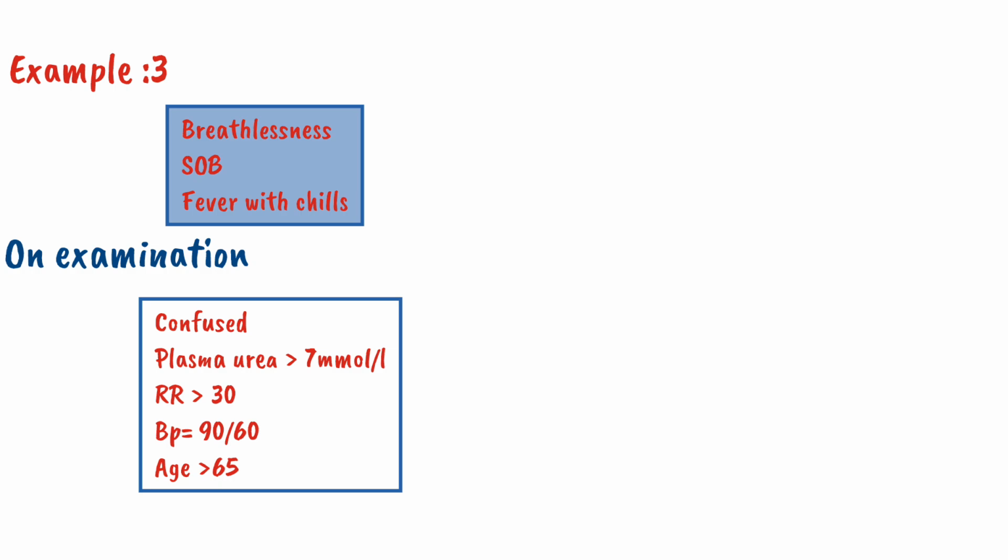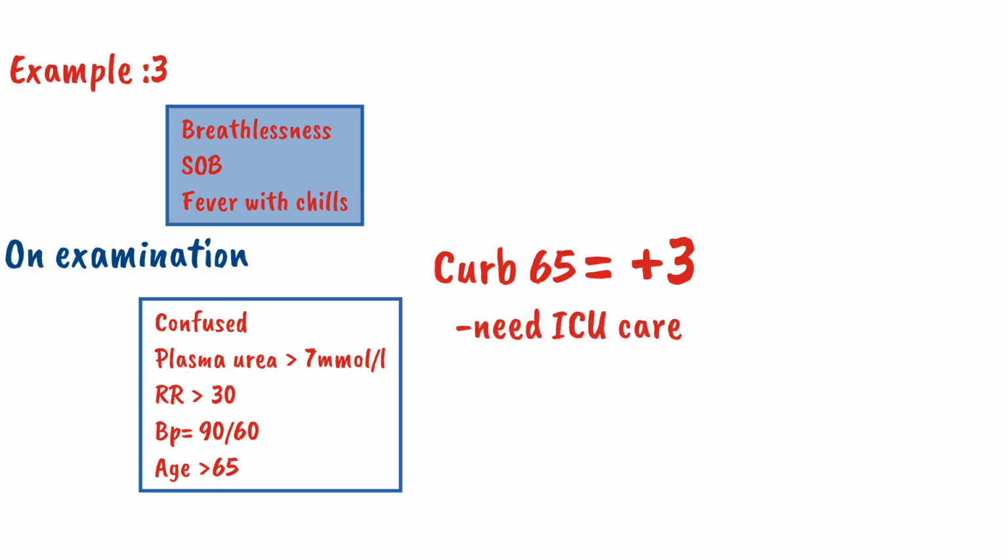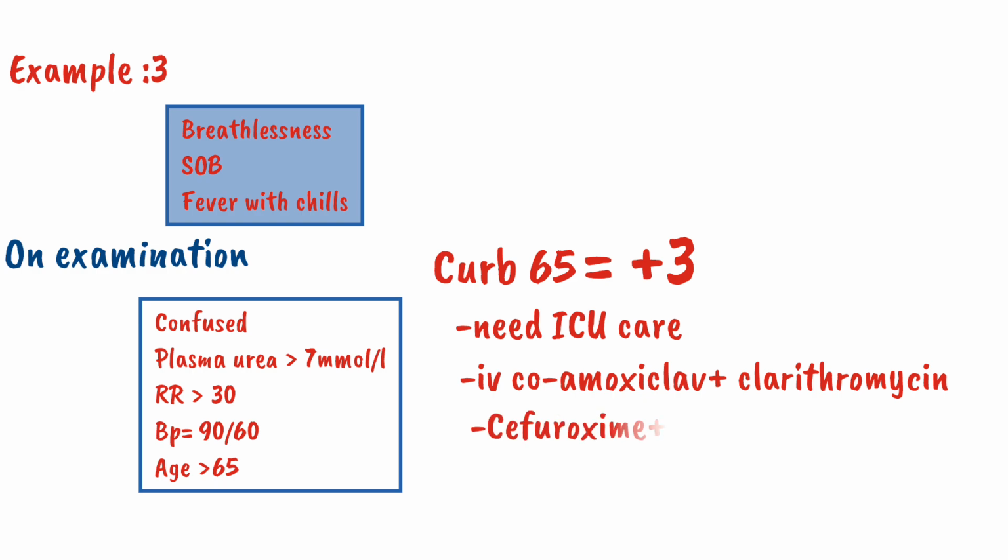In this scenario, the CURB-65 score is 3 or greater. According to this scenario, if the CURB-65 score is 3 or greater, the patient needs ICU care. So we will shift the patient to ICU and start an IV antibiotic such as IV co-amoxiclav plus clarithromycin, or cefuroxime plus clarithromycin, or cefotaxime plus clarithromycin.